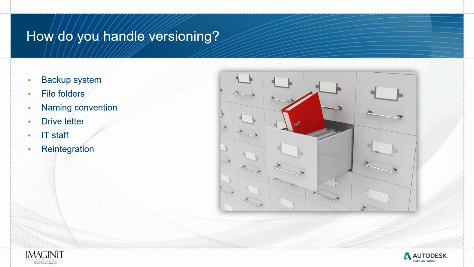Because most people, if you're just using a Windows folder and subfolder hierarchy, versioning is really hard, because that's something Windows really doesn't do too terribly well. So usually what happens is things get backed up on tape, and you have to call somebody from IT to ask, hey, can you restore this from a backup from a week ago or a month ago or something like that? Or, my favorite is, people start doing a save as.